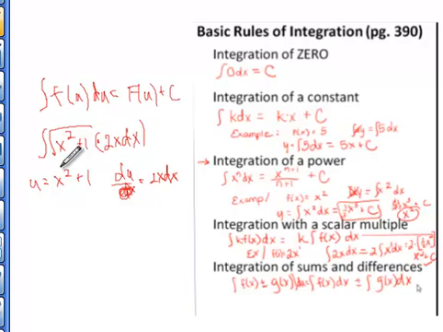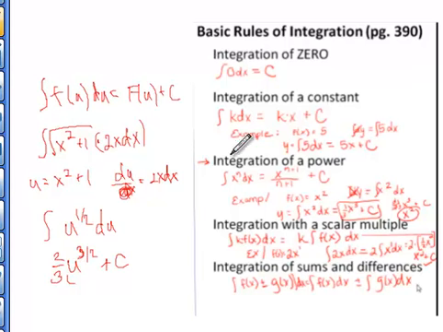And what would happen is I could rewrite this as u to the 1/2, and then times du, and then we could just integrate this like normal, and then drop that du. So we would get u to the 3/2, so we're going to add 1 and then divide by 3/2, that is multiply by 2/3. Okay, and then we would go on, adding, subbing back in for our u.